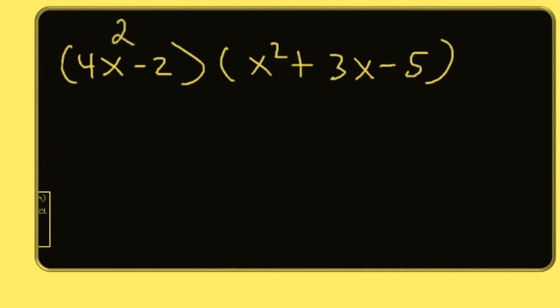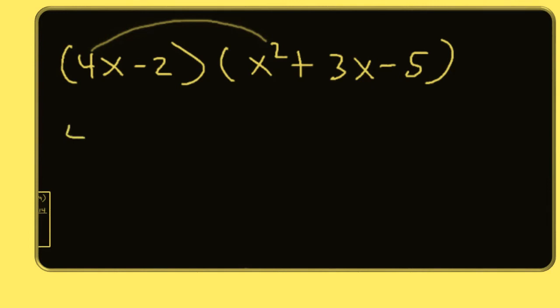Now in this example we have a binomial which contains 2 terms and a trinomial which has 3 terms. 2 times 3 is 6. So when we multiply, before we combine like terms, we should have 6 terms. So let's go ahead and multiply.